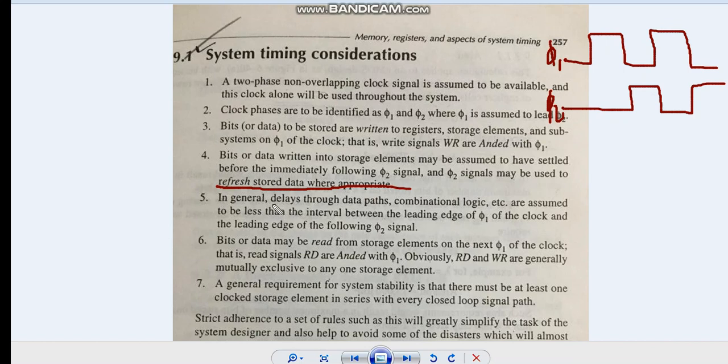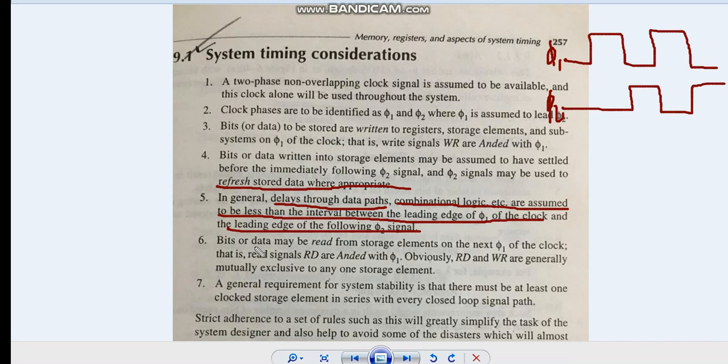In general, delays through the data paths and combinational logic etc. are assumed to be less than the interval between the leading edge of phi 1 of the clock and the leading edge of the following phi 2 clock, meaning the delay between phi 1 and phi 2 should be very small. So the write or read operation is performed with respect to phi 1. After performing the read or write operation, after the delay, only then the refreshing operation takes place. That is the meaning of this point.